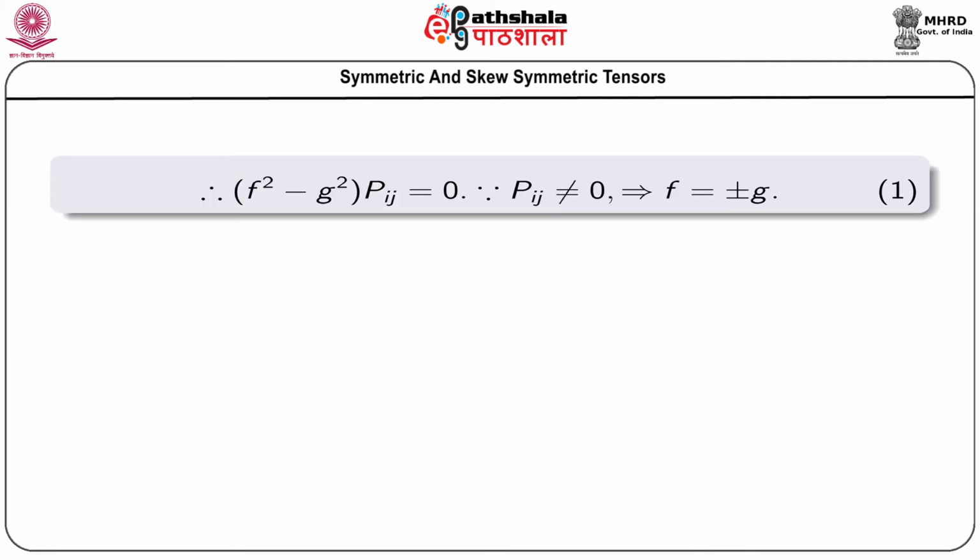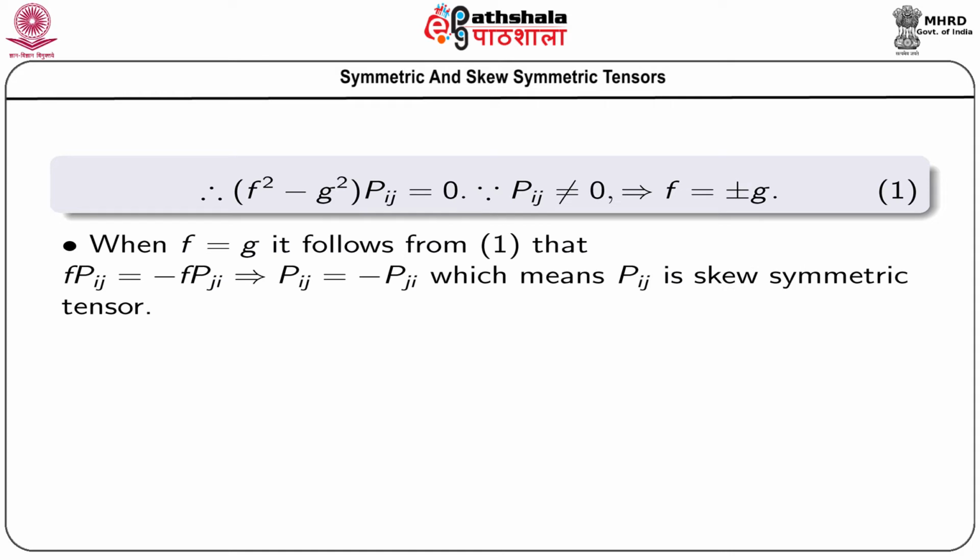So we get f square minus g square times Pij equals 0, and as Pij is non-zero, f is equal to plus or minus g.